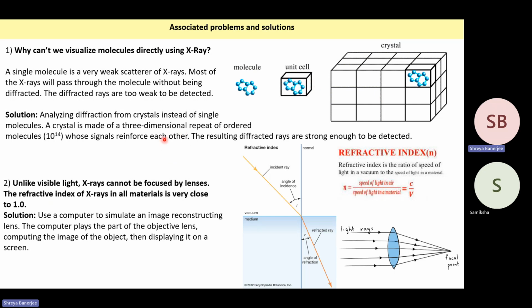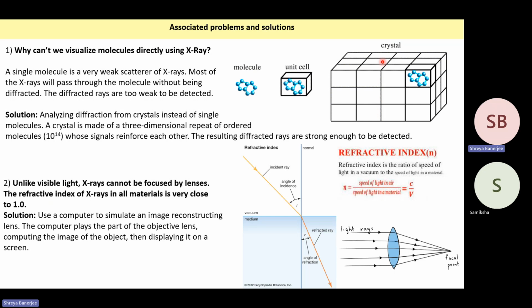When there are so many molecules and you pass the X-ray through the crystal, there is now sufficient electron density to diffract the X-rays properly and create a strong diffraction pattern. And because of the regular arrangement in the crystal, suppose the X-ray diffracted from this molecule and the X-ray diffracted from the neighboring molecule, they will reinforce each other, meaning they will be in the same phase as each other.